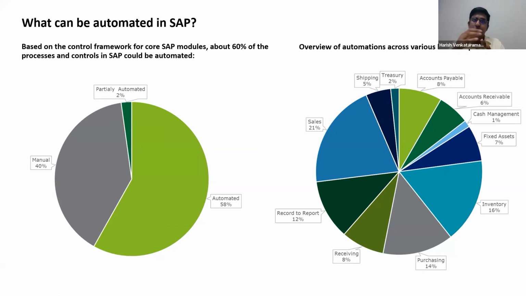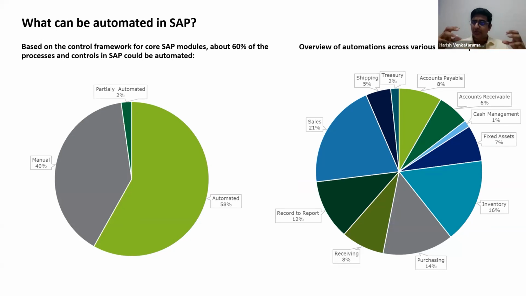The automation could happen either through standard features, or the management, depending on their various business needs and unique business processes, could go ahead and customize certain business requirements and automate. But at a very basic level, just by adopting the SAP standard functionalities, about 60% of the normal risks and controls that we look at could be automated in SAP.